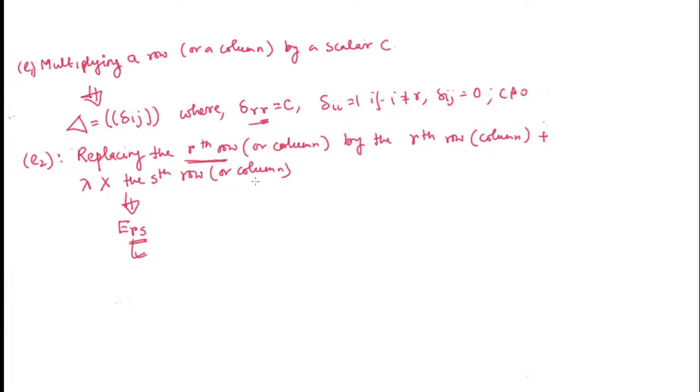So in this operation rth and sth row are involved, so I denote this matrix by ERS, and within bracket lambda is constant.